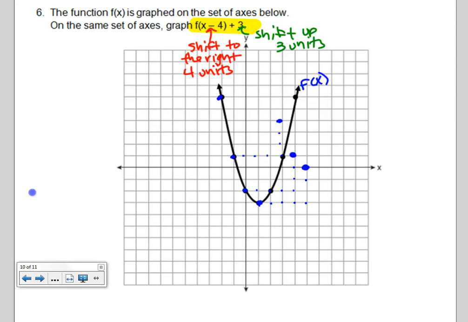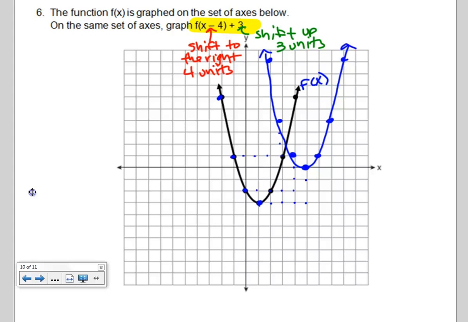And this point right there, go over 4. Now if you notice, it's going to just do the same pattern on the other side. You can just go with it, or you can count from the other points. And there is the graph transformed in the way they're representing in the function notation. Shifted over 4 units and then up 3.